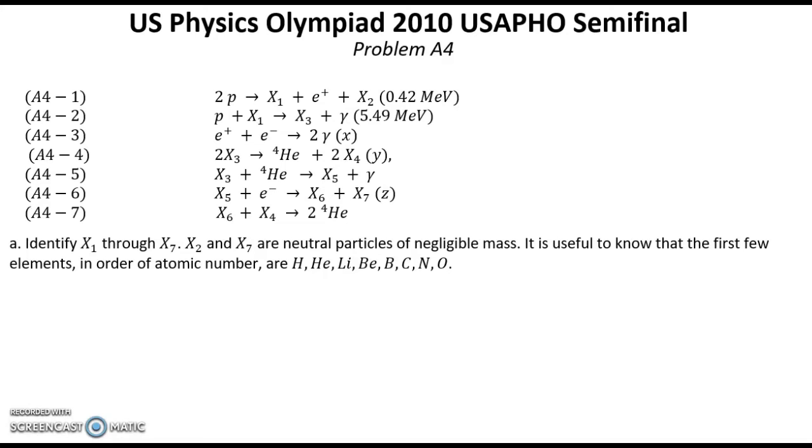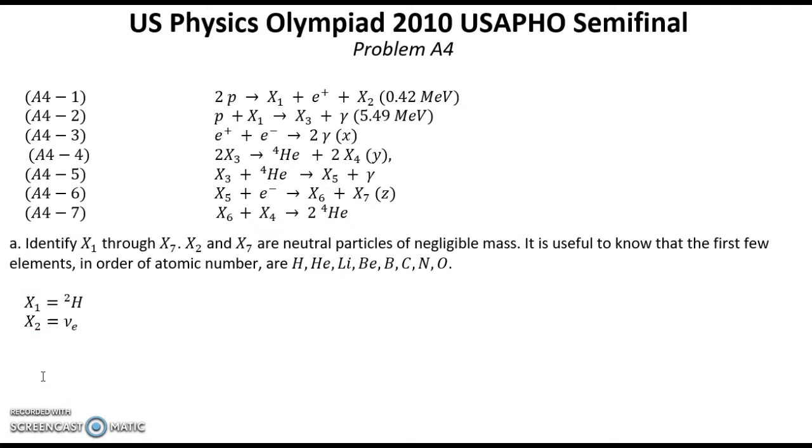In our case, on the left we have 0 lepton number, and on the right we have 1 positron. X1 is 0, so X2 must be positive, and because it's not an electron, it must be a neutrino. So that will be electron neutrino X2. So we just identified elements X1 and X2.